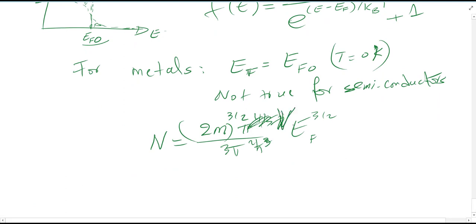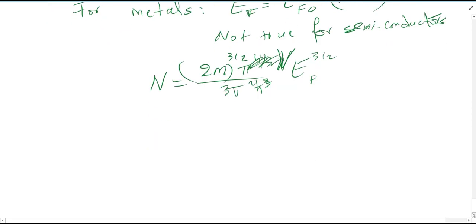As a matter of fact, you could express EF now as a function of n over V, because you have an n in here and a V in there, and the whole thing is to the power 2/3. So if you're wondering how much the Fermi level is, and this is actually important for your homework problems, it is h bar squared divided by 2m, times 3 pi squared to the power 2/3, I'm sorry, pi to the power 4/3, because you have 2 times 2, that's 4, divided by 3.